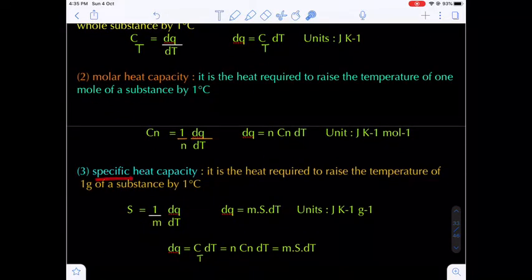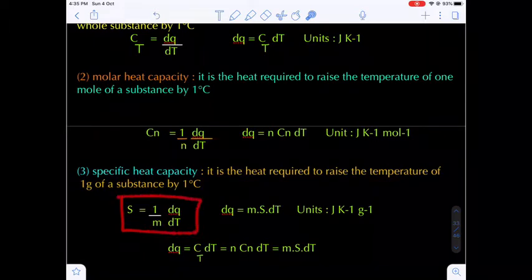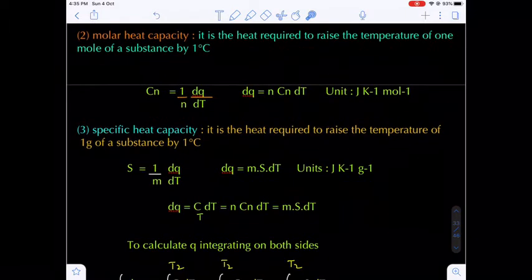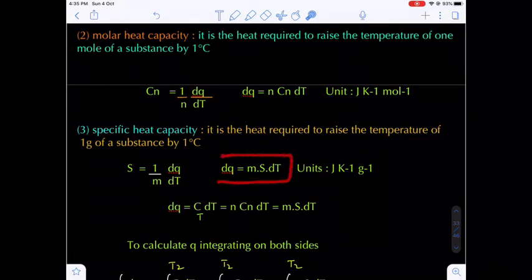Now number 3, specific heat capacity. It is the heat required to raise the temperature of 1 gram of a substance by 1 degree Celsius. Specific heat S is equal to 1 by m into dq by dt. From here, dq is equal to ms dt. This is a very important formula.